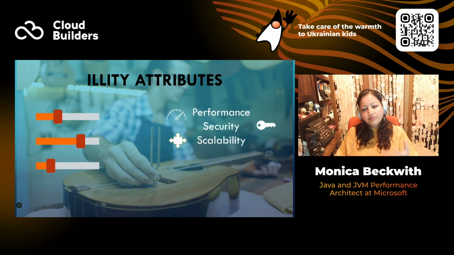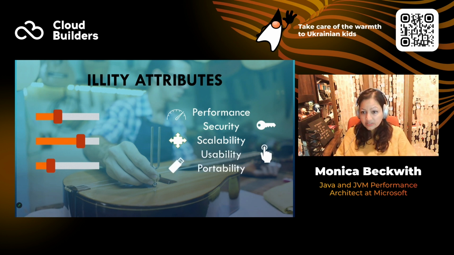Scalability and performance actually go hand in hand, because now we're talking about distributed systems, we're talking about cloud, we're talking about maximizing your utilization. So all this falls under the scalability umbrella, but it goes hand in hand with performance. Usability, portability, observability.